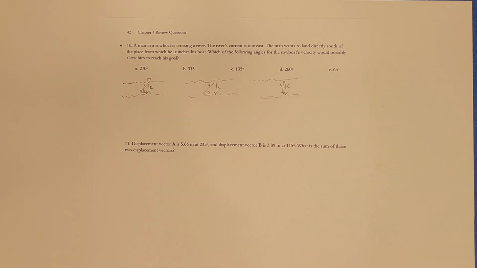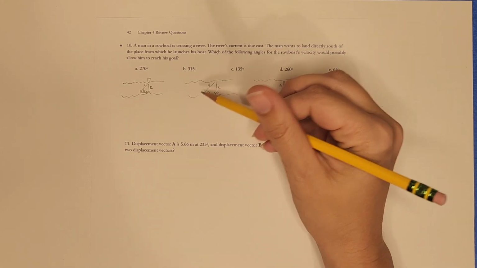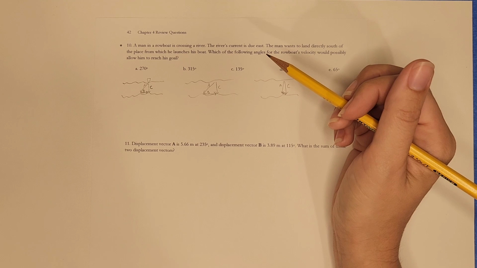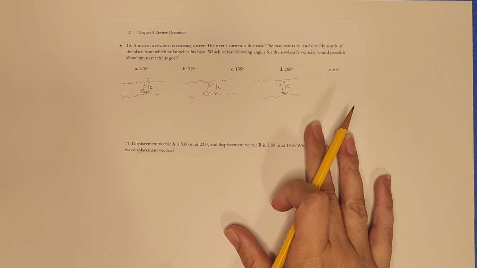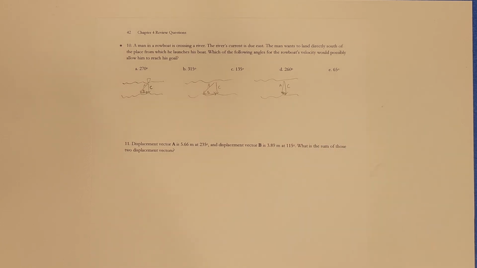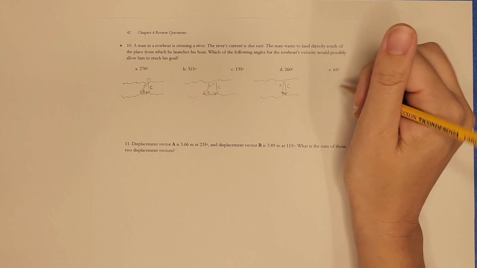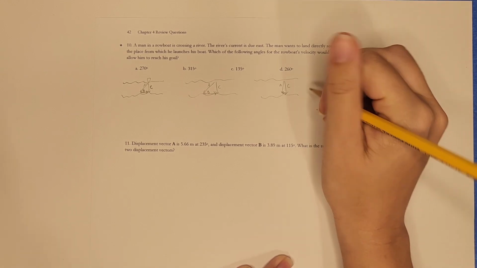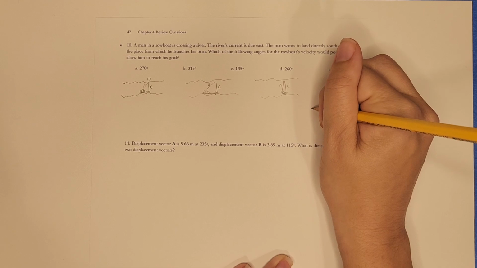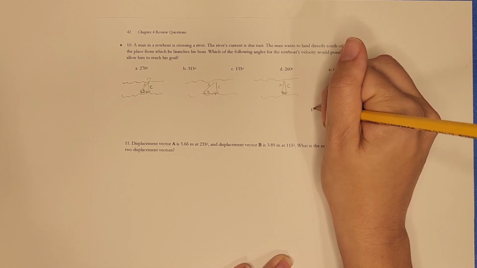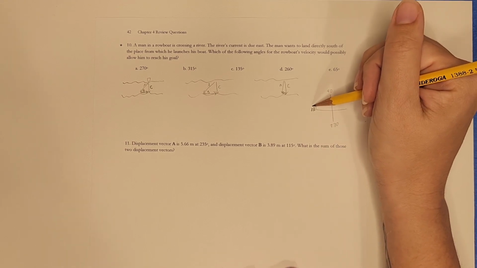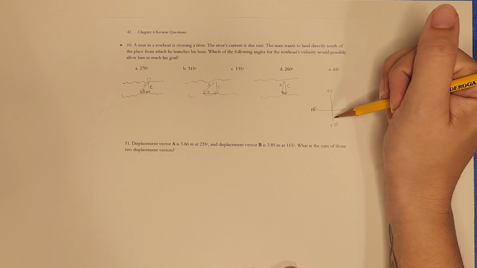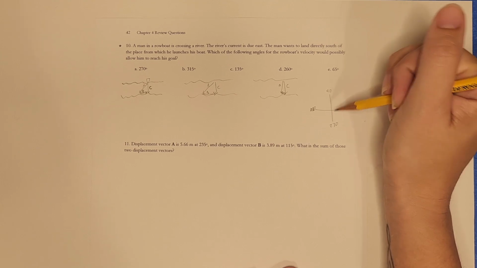But what is the same no matter what is that the angle of this A is in quadrant 3 of our graph, okay? And so therefore, our angle value has to be between 180 and 270, okay?